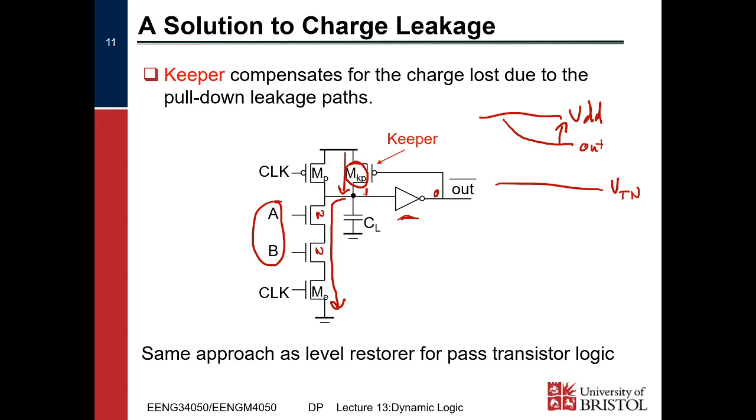And the bigger the keeper transistor is compared to these NMOS transistors, the harder it will be for them to overpower the keeper transistor, and the slower the transition is. So if we draw our, let's presume that these are both 1. Our clock starts off low and goes high.